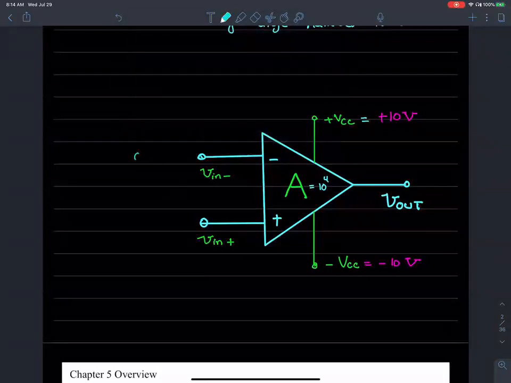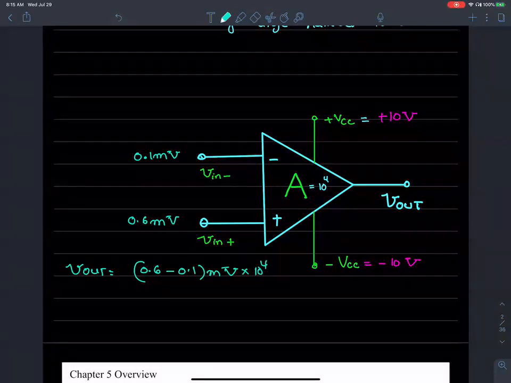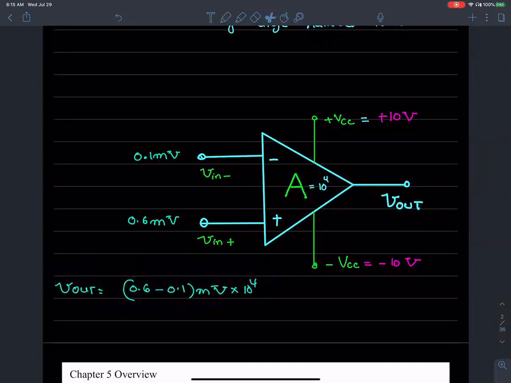Let's go back to our 0.1 millivolts and 0.6 millivolts on each of these terminals. So V output is going to be 0.6 minus 0.1 millivolts times 10 to the 4, which is 5 volts.